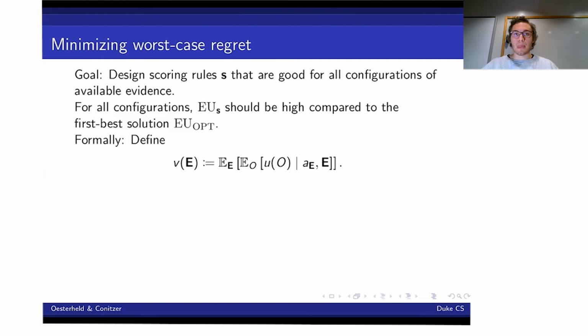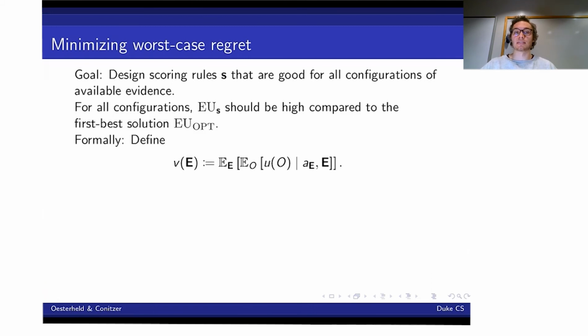So first, for every vector of evidence that the experts can acquire, we can define the value of that information. And that is just the expected utility that the principal achieves if that evidence is obtained and honestly reported.